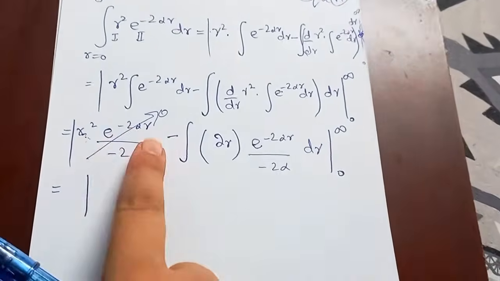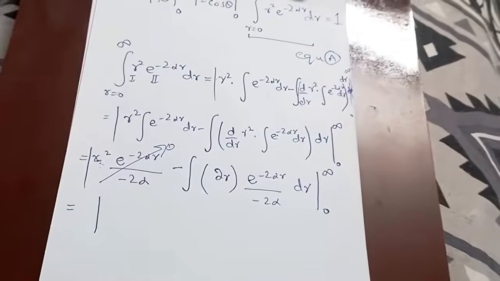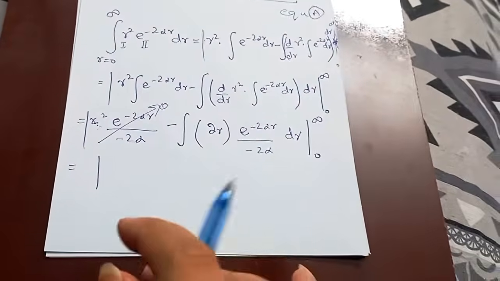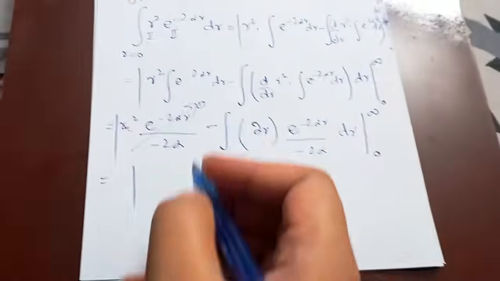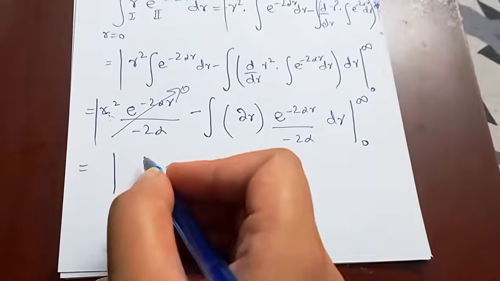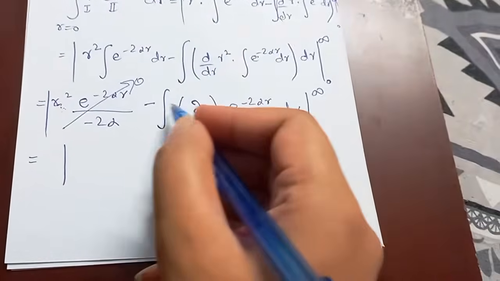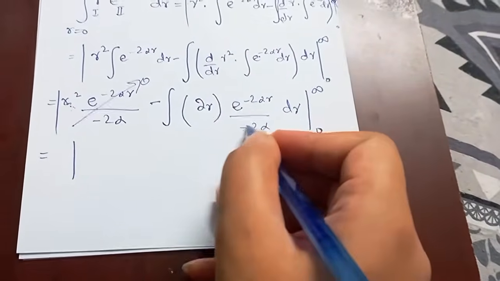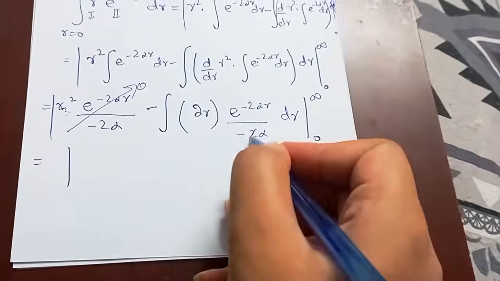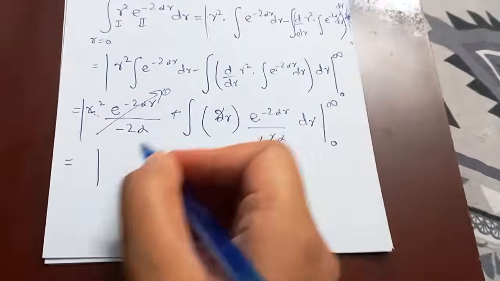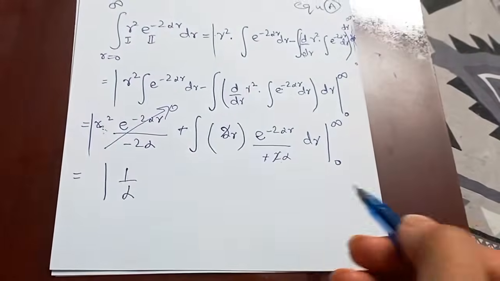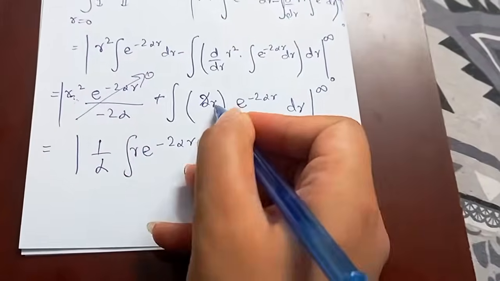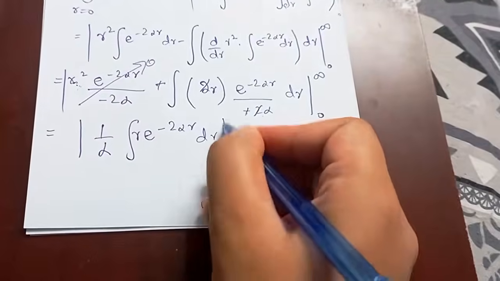Okay, so trust me, you can continue them if you want, but this term will become 0, and then we have this term left. This minus and minus becomes plus, and 1 over 2 alpha, this 2 and 2 cancel out as well, so 1 over alpha can be taken out of the integral, and we are left with e to the power minus 2 alpha r, 1 r as well, dr.